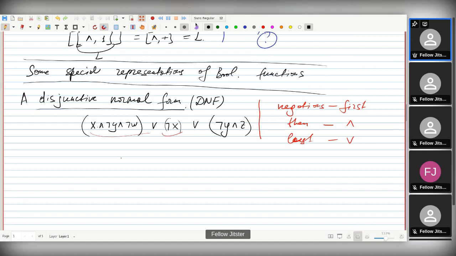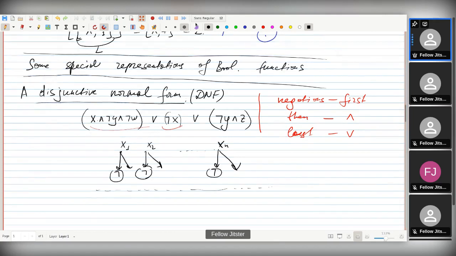As a circuit, it looks like the following. So we have some input variables, x1, x2, xn, and so on. We may apply negations to some of them, or to all of them, or to none of them. But anyway, negations are applied first. Also, it is possible to use our variables as is, without negation.